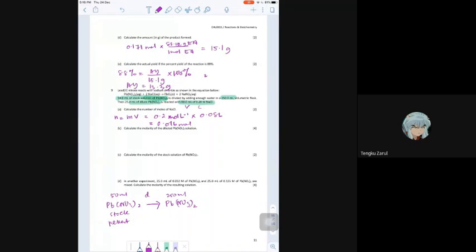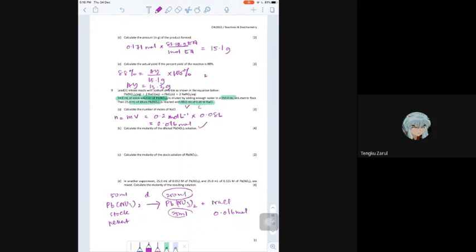Then from the 250 ml of diluted lead nitrate, only 25 ml is used to react with the NaCl. The amount of the NaCl that is used to react with the 25 ml of lead nitrate is what we have calculated here, 0.016 mole.